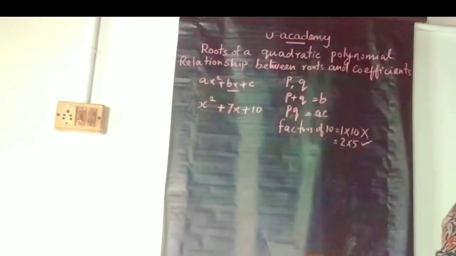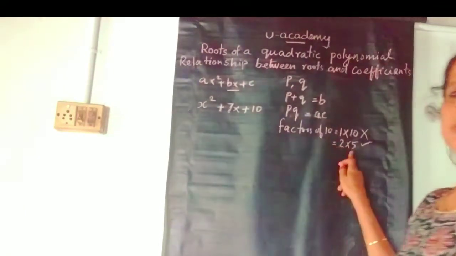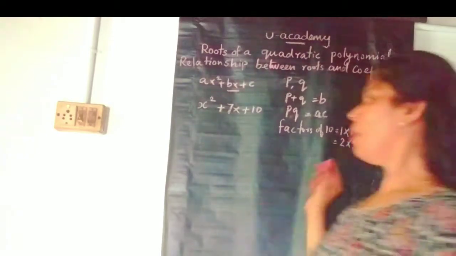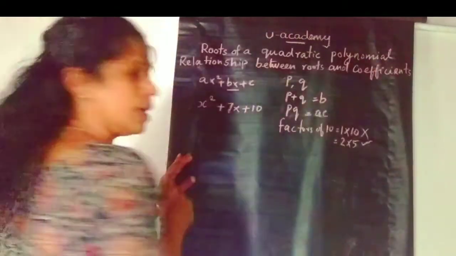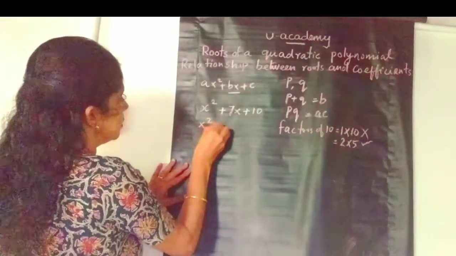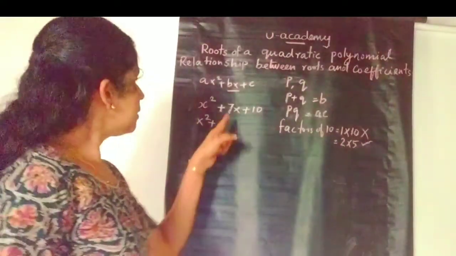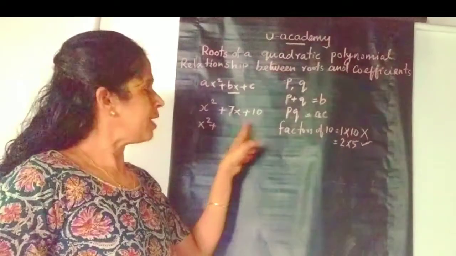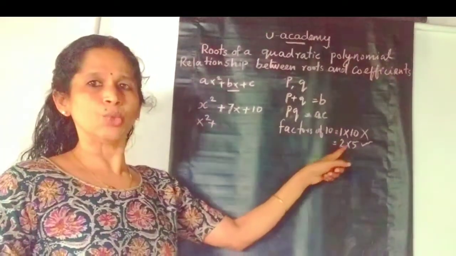Okay. So now we are going to split the middle term. How? Let us see. Here it is x square. The middle term is 7x. We can write this to two factors. Here are 2 and 5.